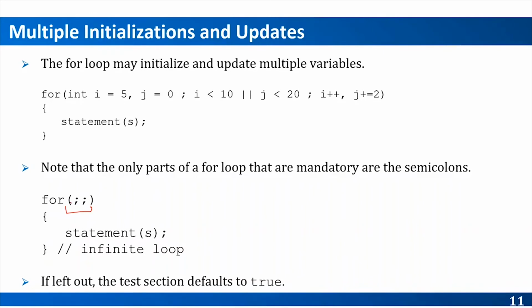Now, if you do not initialize, check condition, and update, Java is going to assume that you don't care about all of these, and it's going to run infinitely. All right. So this is how you get an infinite loop using the for loop, and that's basically checking that the condition is always true.